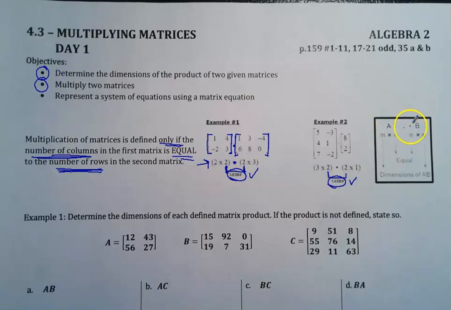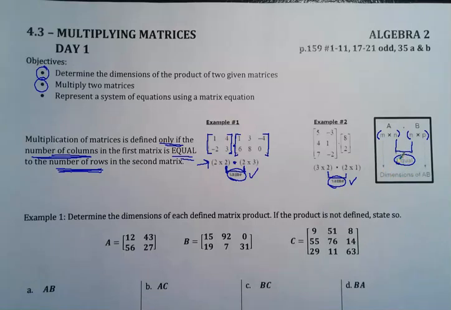So if you have matrix A times matrix B, and matrix A has dimensions m times n, and matrix B's dimensions are n times p, as long as these 2 numbers in the middle are equal, you can multiply them.